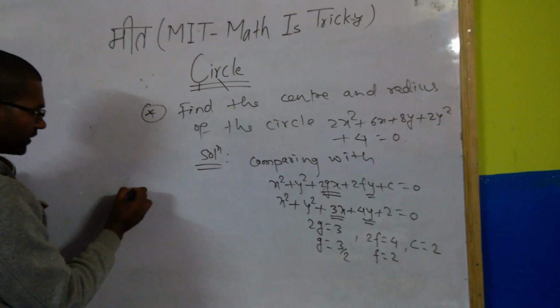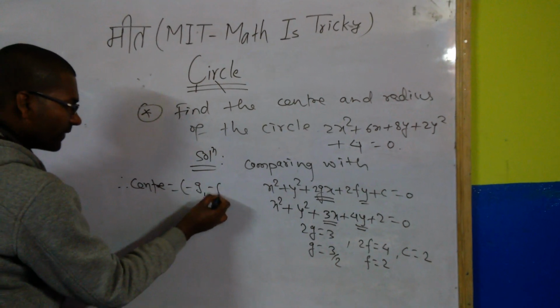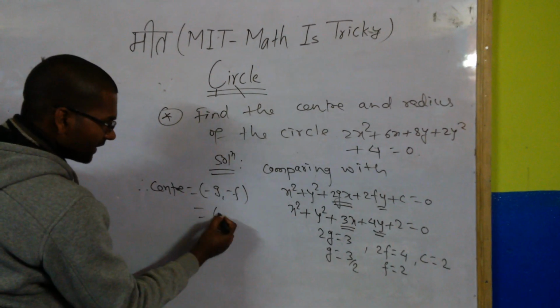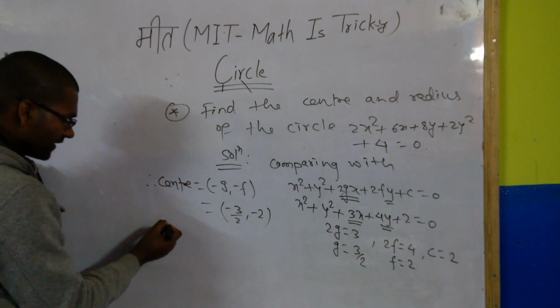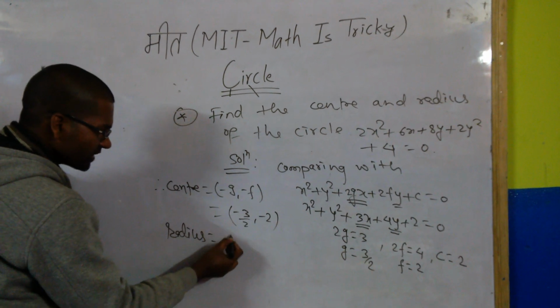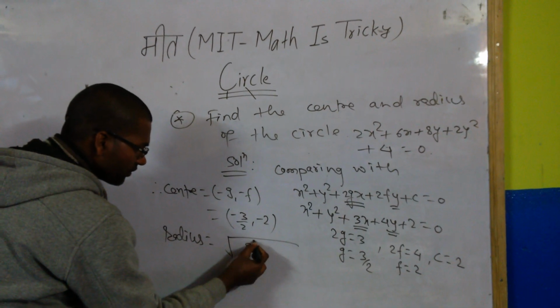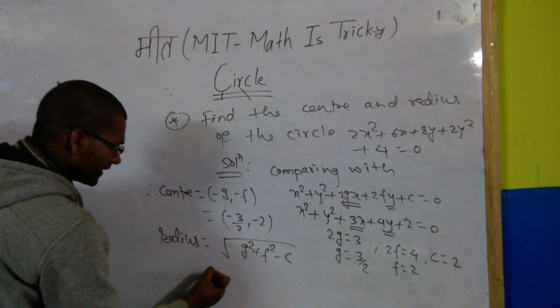See here. Therefore, center equals (minus g, minus f). So what is our g? Minus 3 by 2 and minus 2. This is our center. The radius will be how much? I have already given this formula. Radius is simply square root of g square plus f square minus c. Remember this c is minus here.